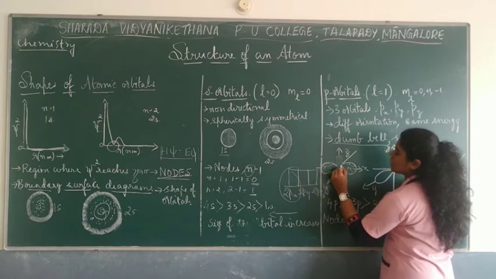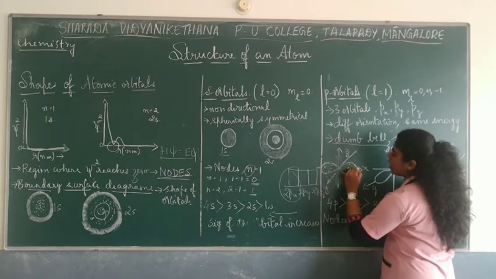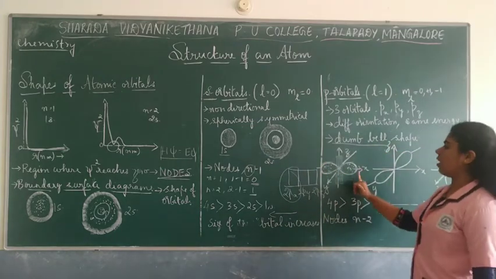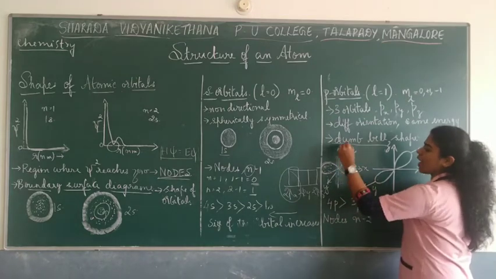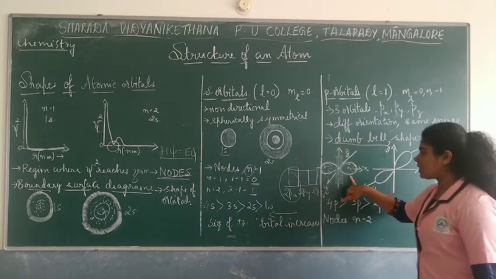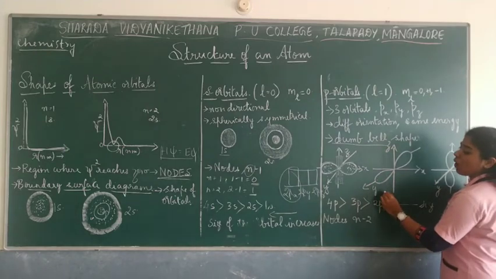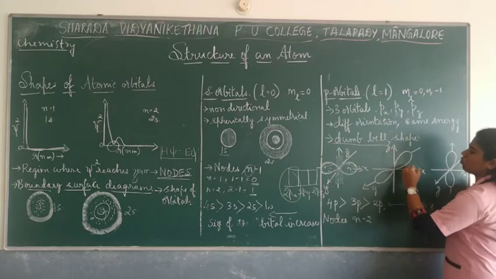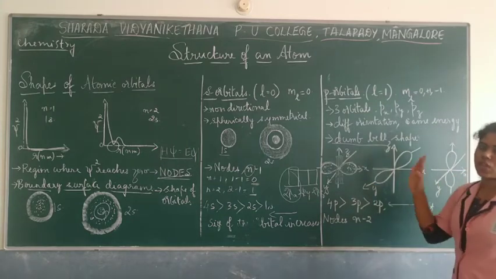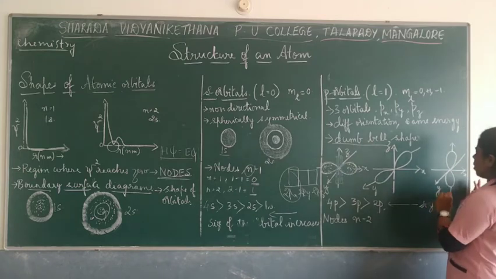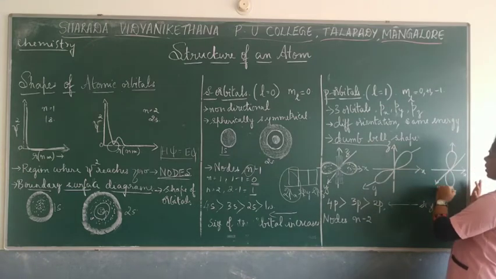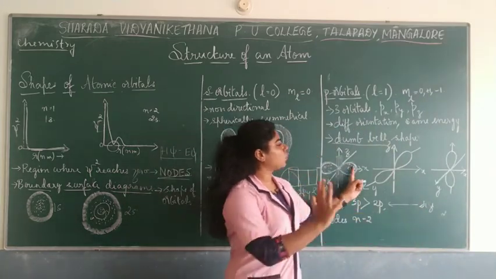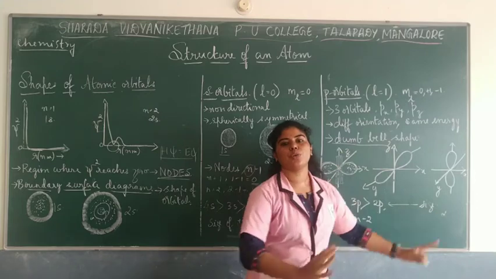This lobe exactly intersects the nucleus, and it is mainly on the x axis. Then you have the y axis as well as the z axis. In the same way, 2py has the dumbbell shaped two lobes on the y axis, and x and z are left behind. Then you have 2pz, wherein on the z axis you have two lobes and the other two are left out. This is how you denote 2px, 2py and 2pz orbitals.